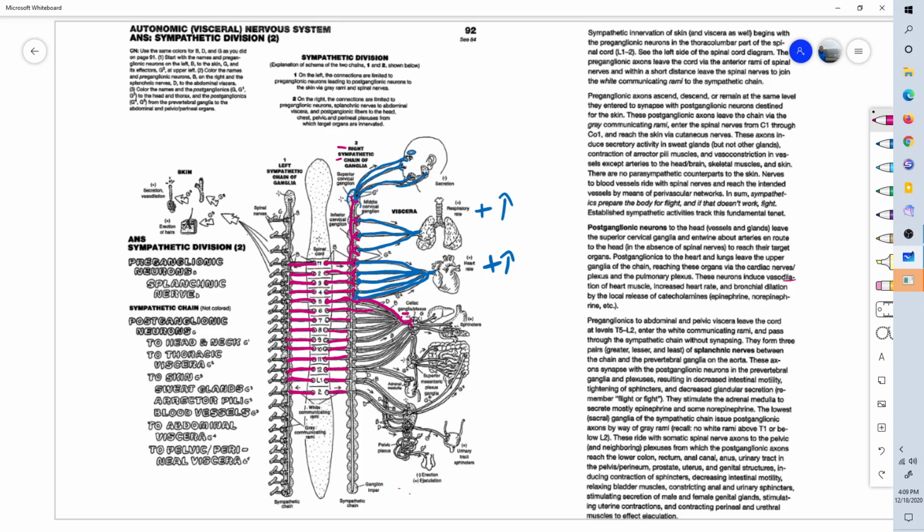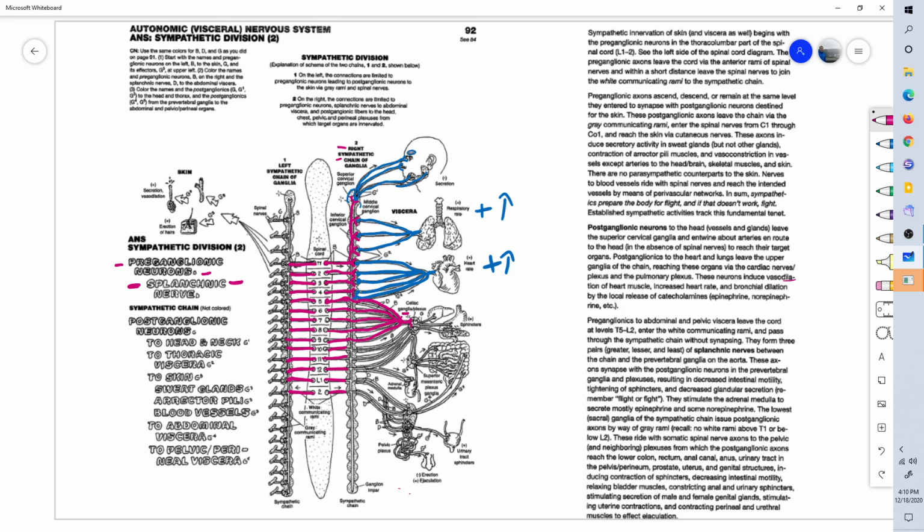So this whole collection of preganglionic nerve fibers has a different name. This is called the splanchnic nerve, right here. The splanchnic nerve is filled with preganglionic neurons.